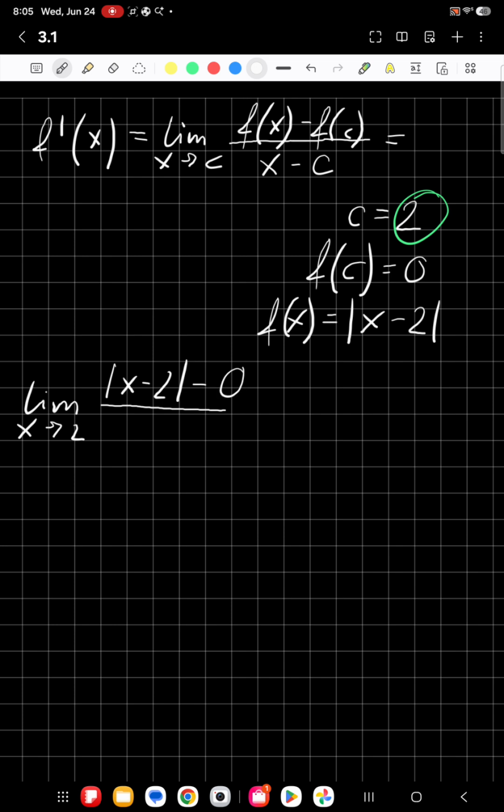And then the bottom is x minus 2, since c is equal to 2.